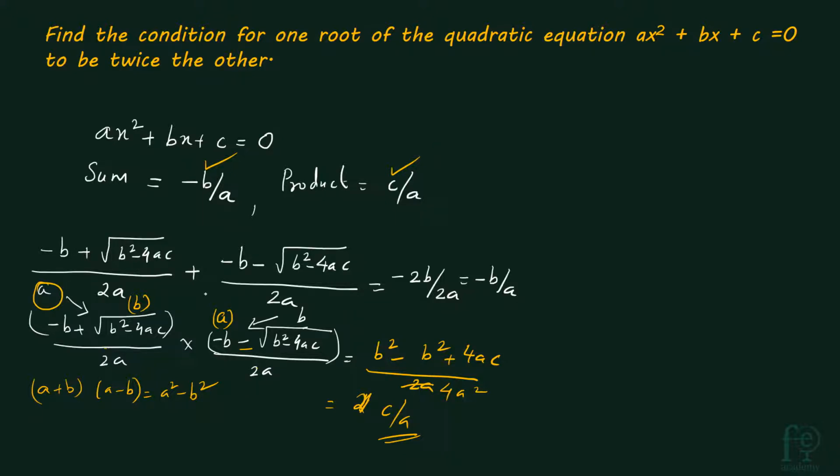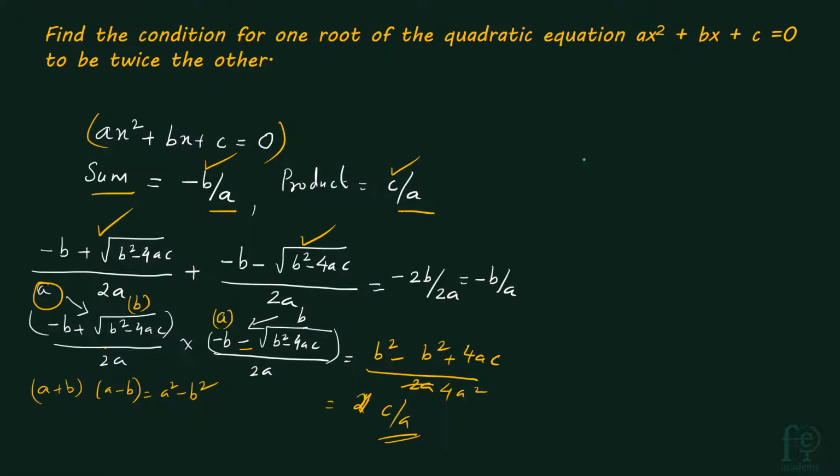So one root is minus b plus root of b square minus 4ac by 2a, and the second root is minus b minus root of b square minus 4ac divided by 2a. So just add these two roots and multiply these two roots. So you will be getting sum of the roots is minus b by a and product is equal to c by a. You have to be very thorough with this equation.